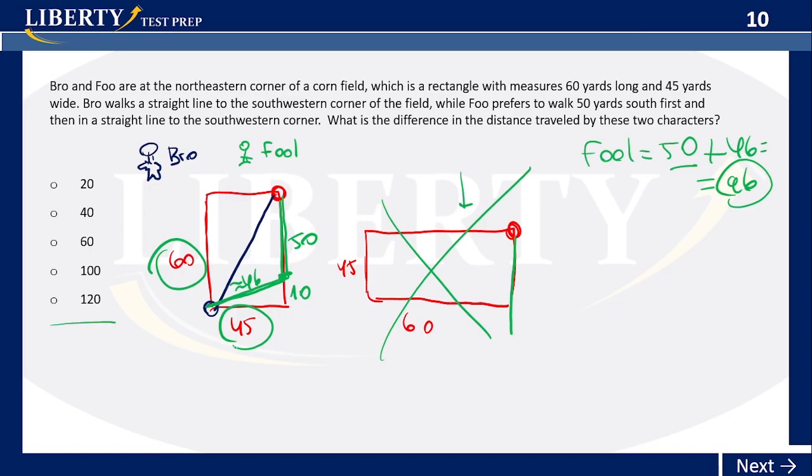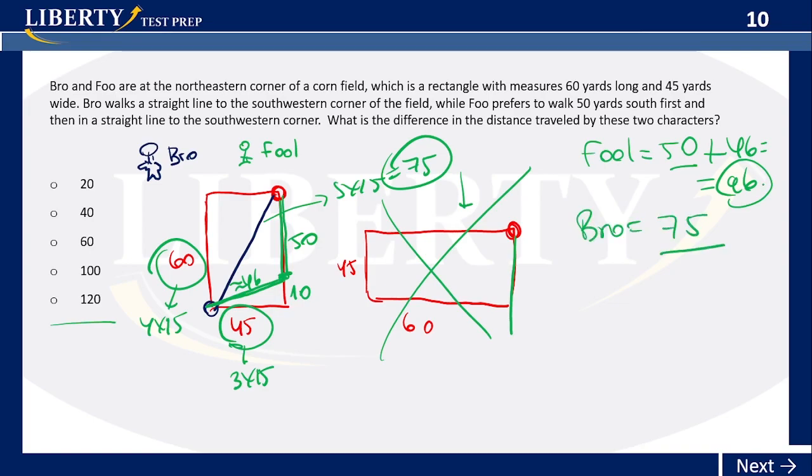If we divide by 15, 45 is 3 times 15, 60 is 4 times 15, and the hypotenuse would be 5 times 15, which is 75. So we don't need to do any operation with Pythagoras because we already know that's a common triangle. So bro walked 75 yards. The difference here is almost 20, a little more than 20.